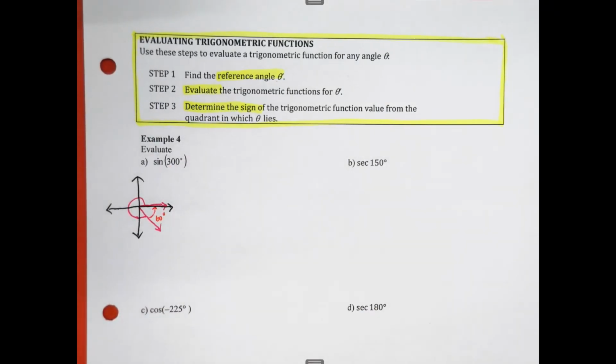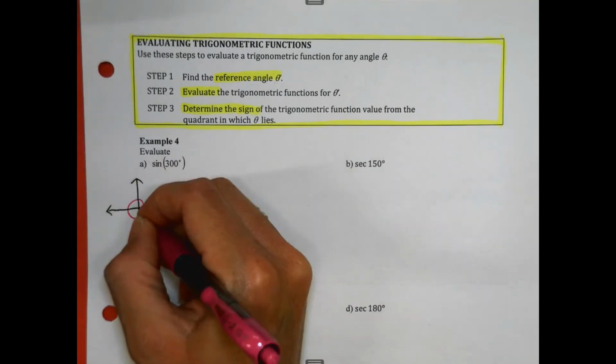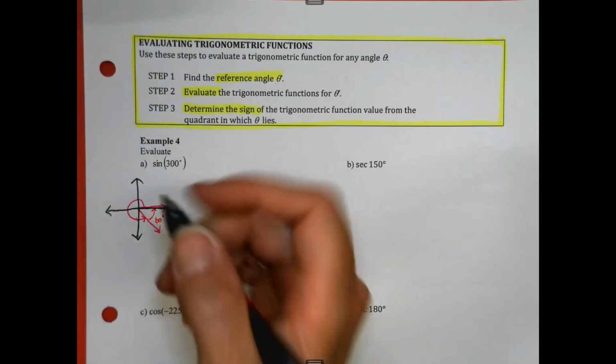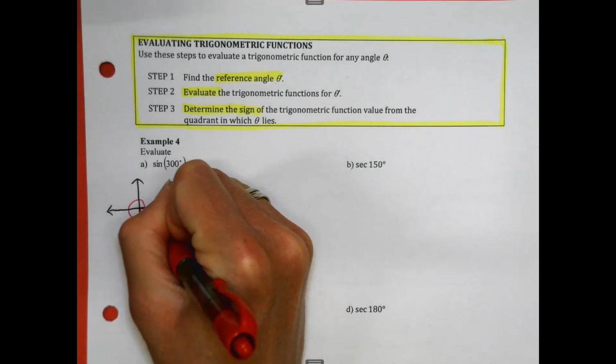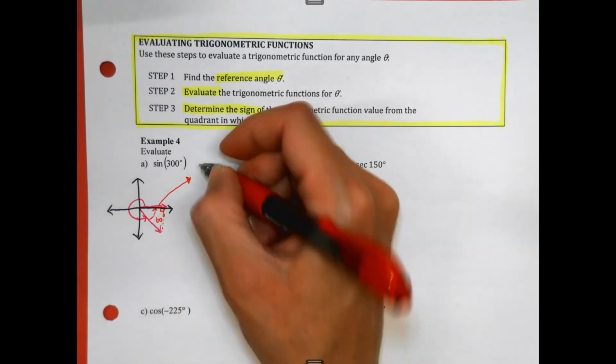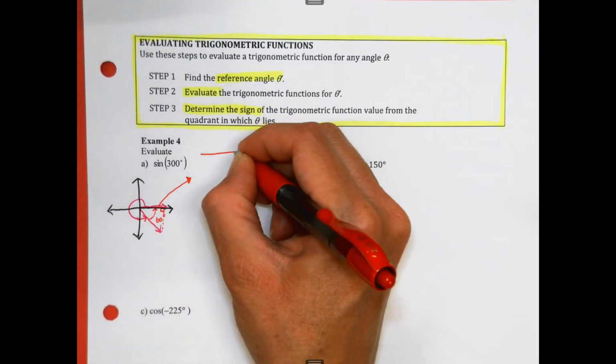So the reference angle that has been created in this is 60 degrees. And we form a little triangle here. I'm actually going to make that triangle bigger so we can see what we are dealing with here.